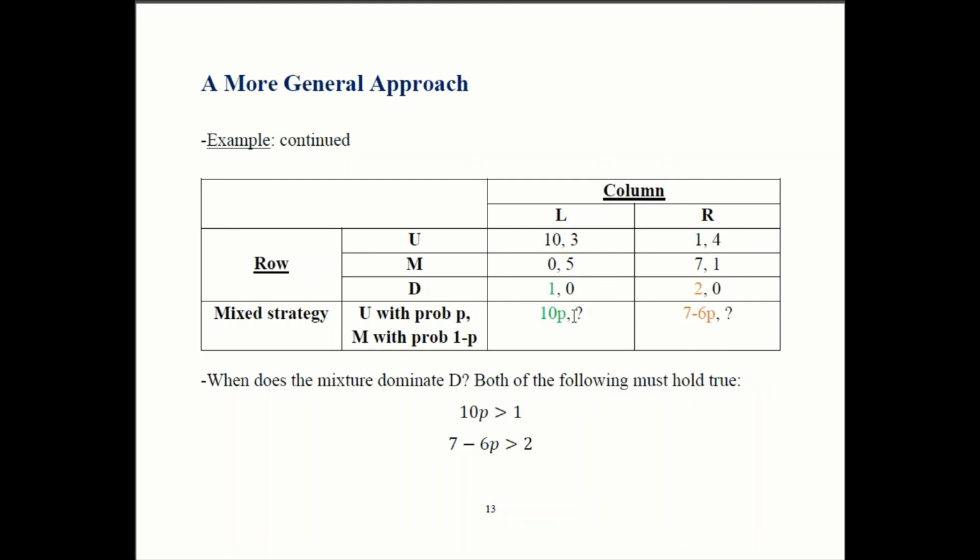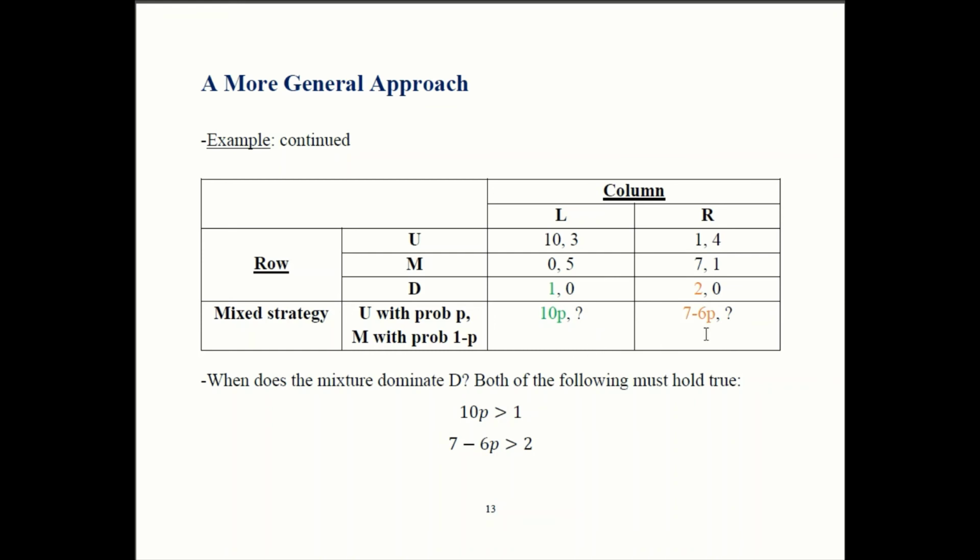These question marks can remain as question marks. That's because to figure out if one strategy dominates another strategy, you just have to know if Row's payoffs are bigger. We've got Row's payoffs, so that's all the information that we need.